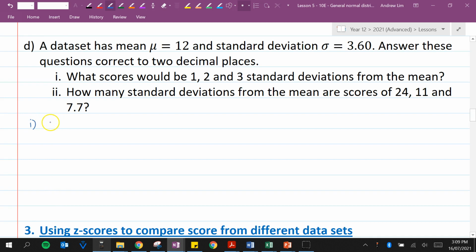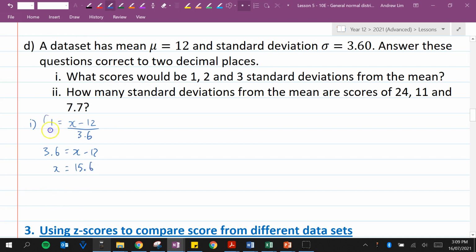So a z-score of 1 is equal to a score minus the mean over standard deviation. So we can see 3.6 is equal to x minus 12. So x is equal to 15.6.